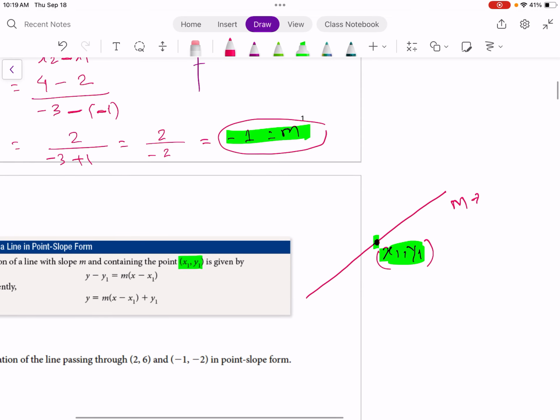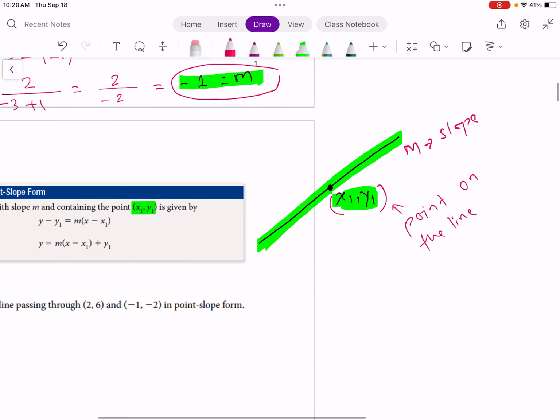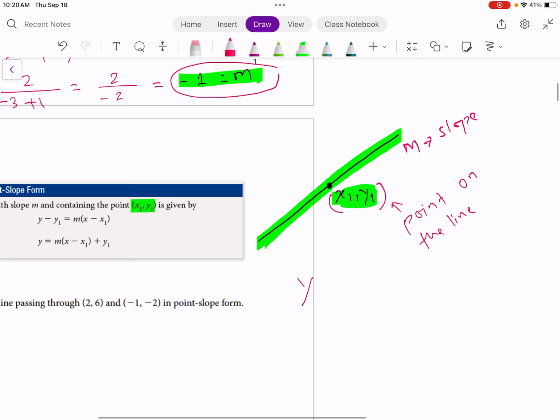Okay, so m is the slope of a line, and x1, y1 is a point on the line. It has to be on the line. If this is the case, then we can find the equation of this line, and the equation of the line is given by y minus y1 equals m times x minus x1.